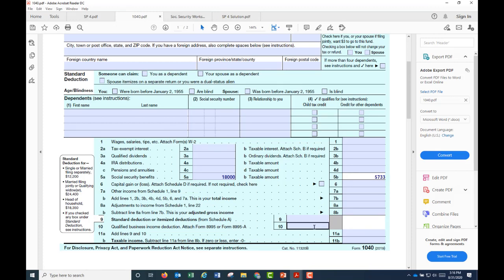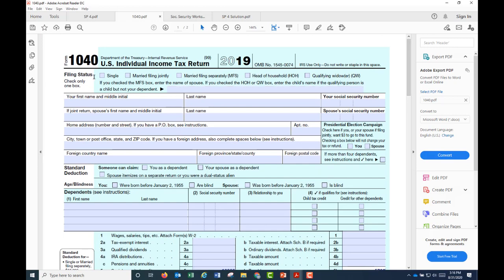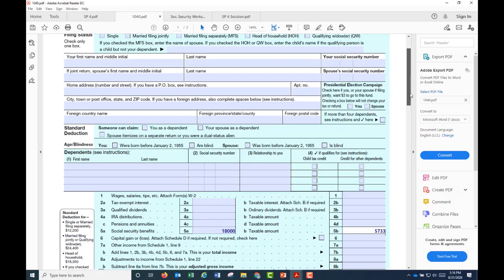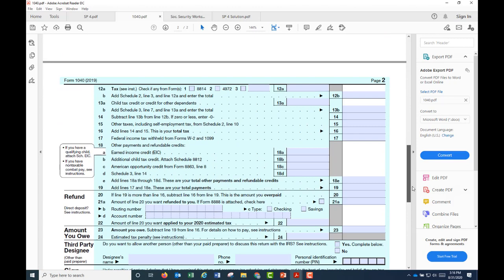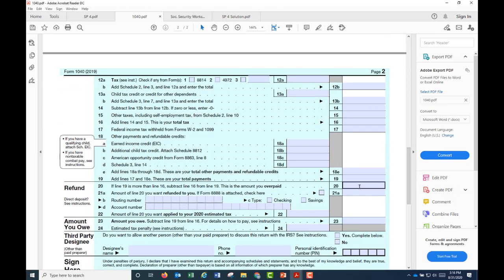And once again, on line 9, don't forget the standard deduction. You must also include the additional standard deduction amount of $1,650 based on the filing status. What is this individual's filing status? Input the appropriate check mark. Then there's not much on page 2 in this sample problem. Figure out the tax based on the taxable income on line 11B.